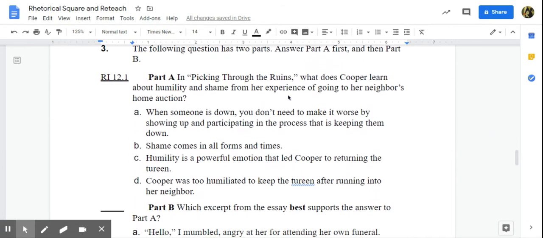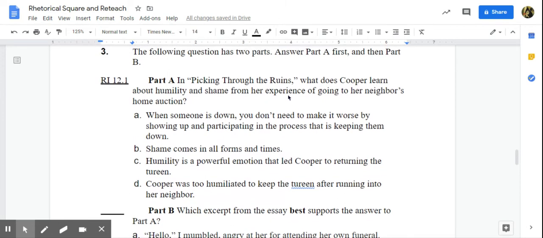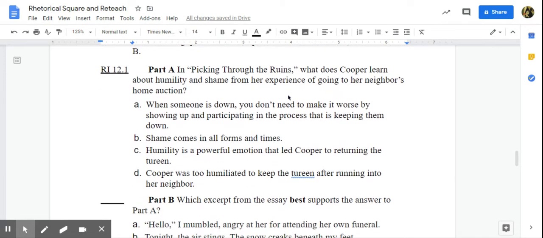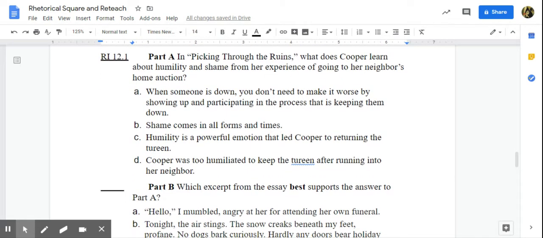Okay? Number 3 has 2 parts, so you're going to answer both. Part A, what does Cooper learn about humility and shame from her experience of going to her neighbor's home auction? Here's the thing. I want you to look at words here, shame and humility. Sometimes you want to look for words that are similar down here, like we have humiliated, we have humility, we have shame.